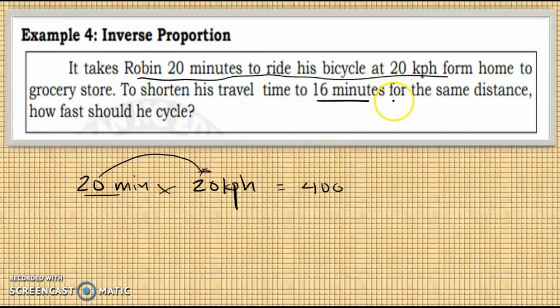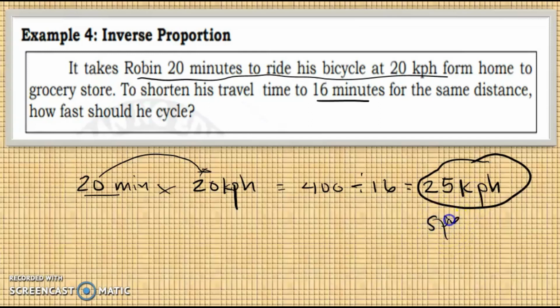Okay? Yung gusto nating yung oras na gusto nating marating niya. So, divided by 16. Okay? And that will give you 400 divided by 16 is equals to 25. Okay? So, ito yung speed na kailangan ni Robin.